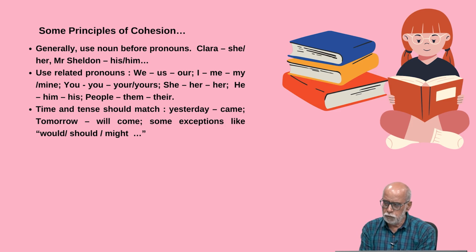Okay. So, if the noun is she, then the pronoun is her. But if the noun is he, then the pronoun is him in the objective case and his in the possessive case. That means, you can say, he likes to stay home, he likes to stay at his home, we should not disturb him when he is at home. Okay.